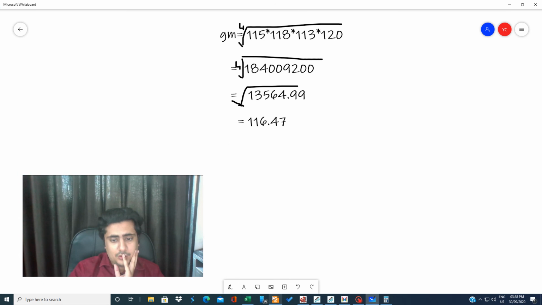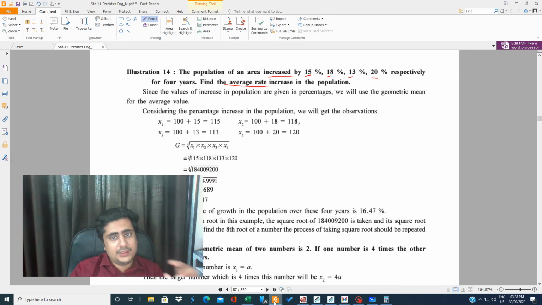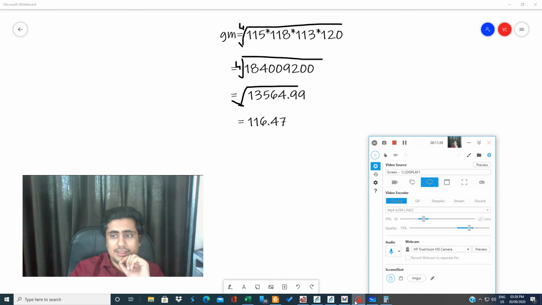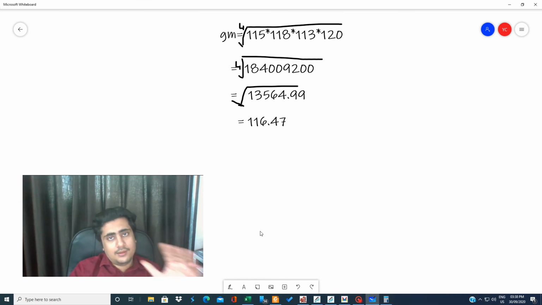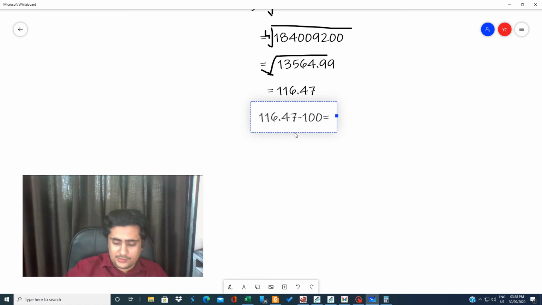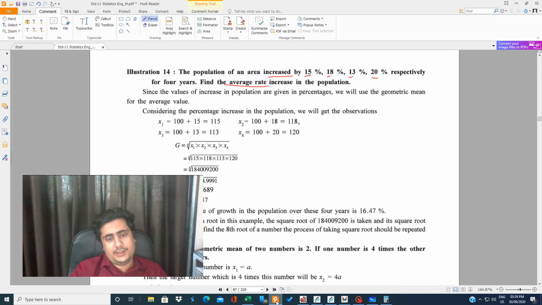Okay, you were asked to find the average rate increase in the population. Again, as I told you, this 116.47 is not an increase. It is the total population. So how will I find the increase? As I told you, 100 we are having. Now the average is 116.47. That means 16.47 percent is the increment. So what you will be writing in the answer?